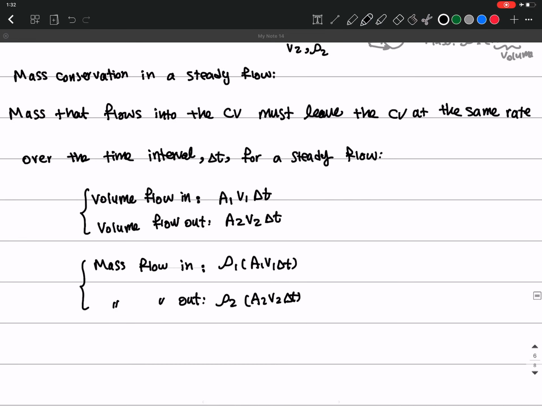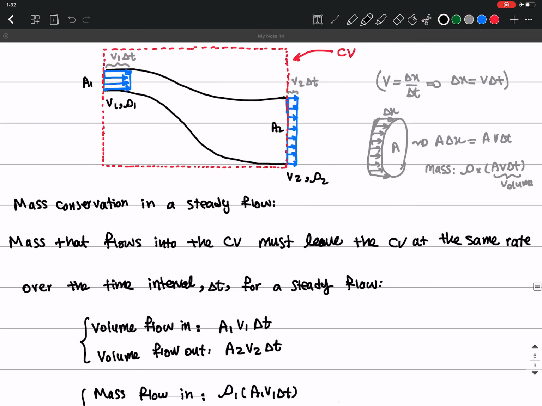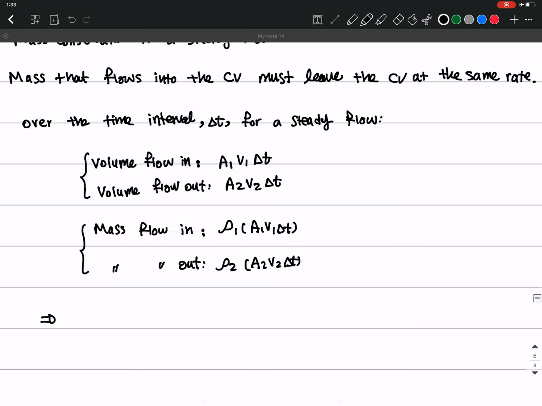So the conservation of mass says the mass flow rate that comes into the control volume and goes out of it should be equal. So conservation of mass in a steady flow states that rho 2 A2 V2, and you divide it by delta T to get the mass flow rate, right?